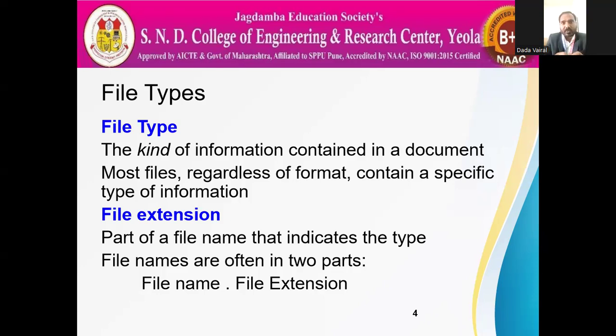The kind of information contained in a document: most files, regardless of format, contain a specific type of information. The file extension is that part of a file name that indicates the type, and is often in two parts: file name, dot, file extension. That file extension decides the file type.